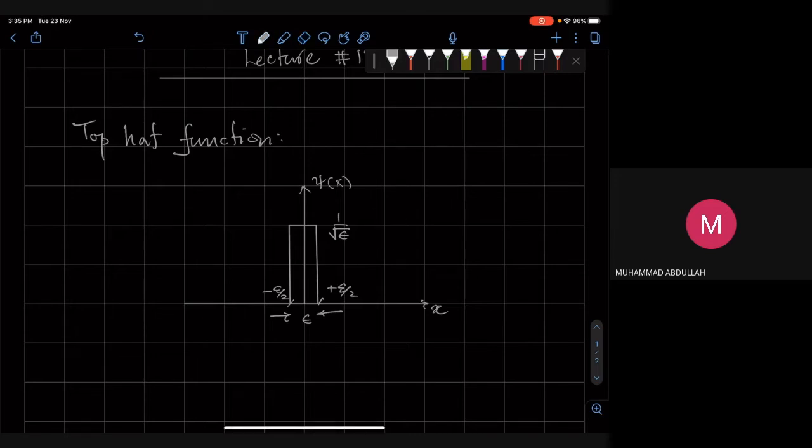And the reason is because we want psi of x squared, when we integrate it from minus infinity to plus infinity over x, to be normalized. So of course, if I do this, then the height of psi squared will become 1 over epsilon, and that would be normalized. So that's the reason why our height of the top hat function is 1 over square root of epsilon rather than 1 over epsilon. Okay?